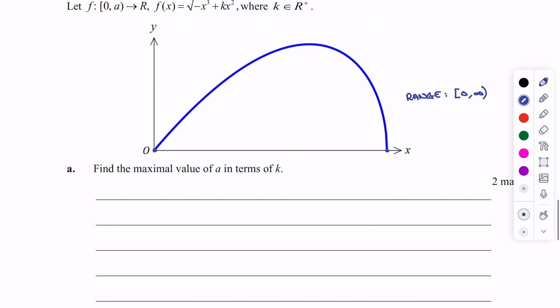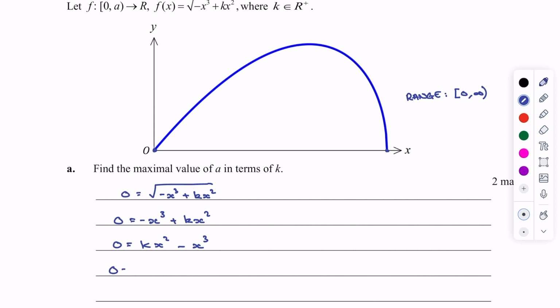That's important because I want to find my intercepts of this value. So essentially what I'm saying is 0 equals the square root of negative x cubed plus kx squared. Okay, this is 0 equals negative x cubed plus kx squared. I like to always just have the positive leading, even though it's not the higher coefficient.